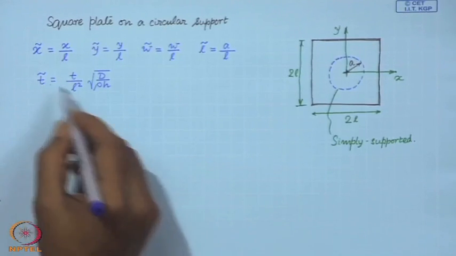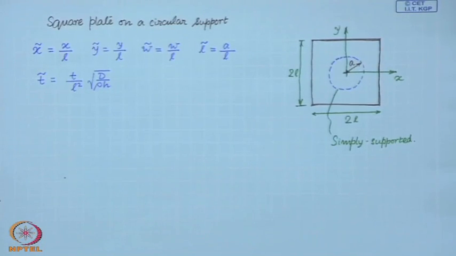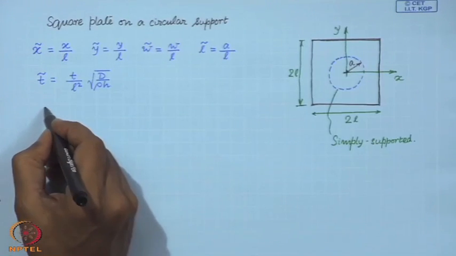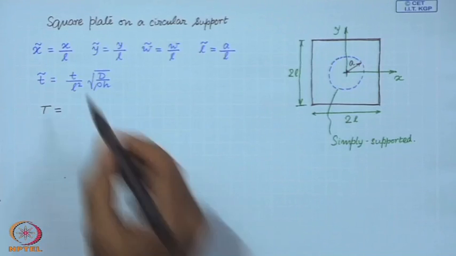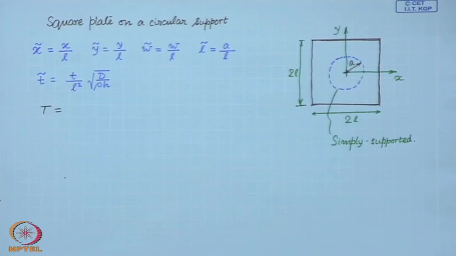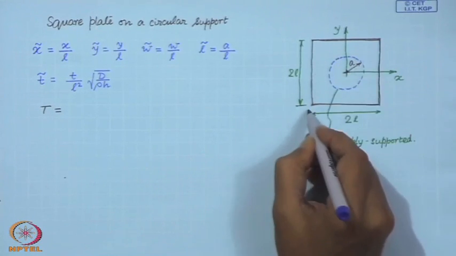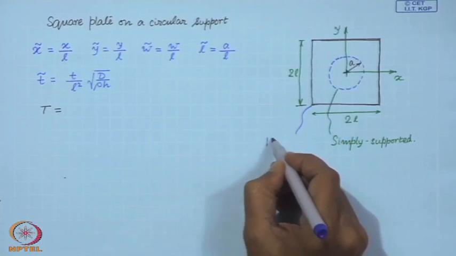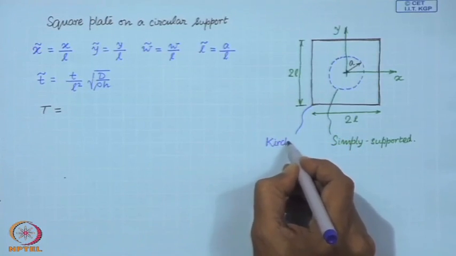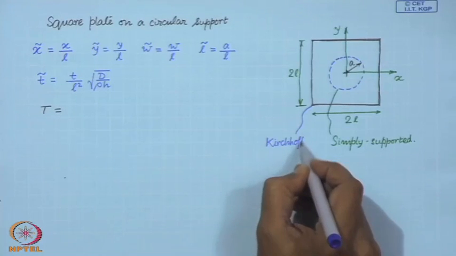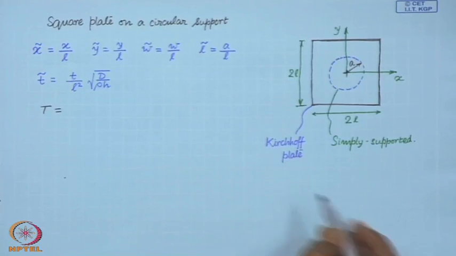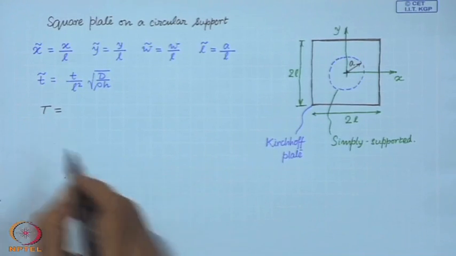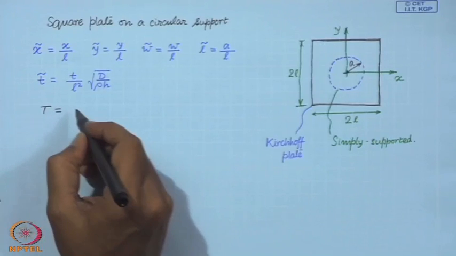Now, with this non-dimensionalization scheme, for the kinetic energy, we will consider an Euler-Bernoulli plate, the Kirchhoff plate. In the Kirchhoff plate we do not consider the rotary inertia terms.